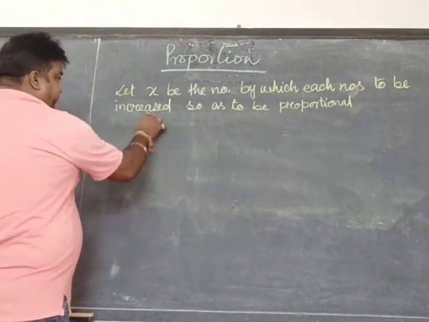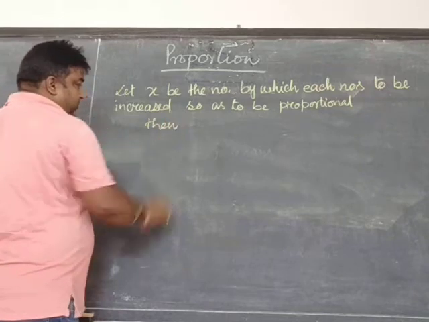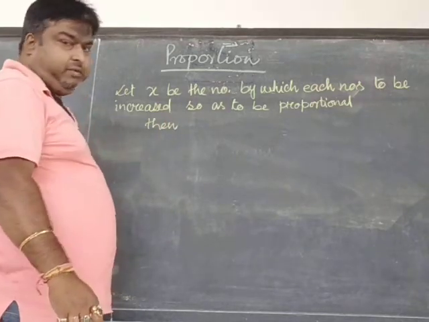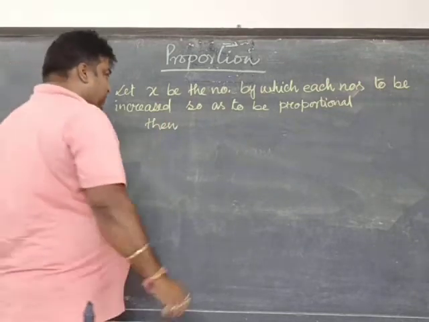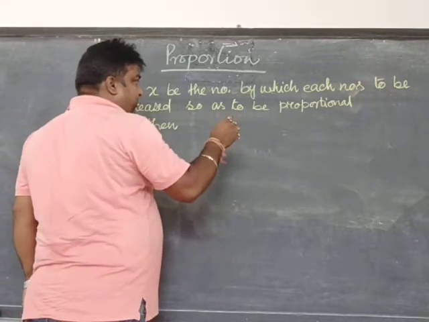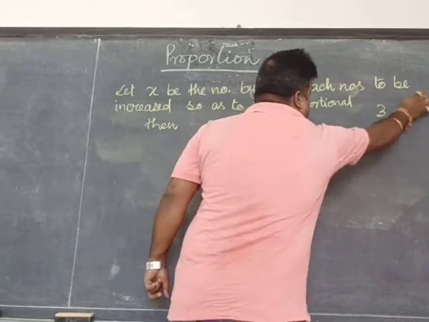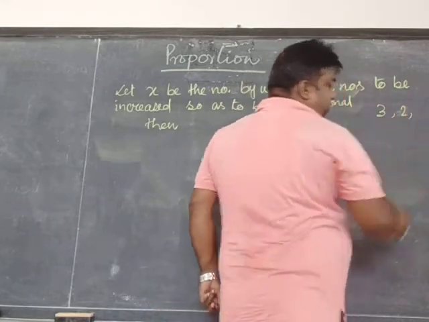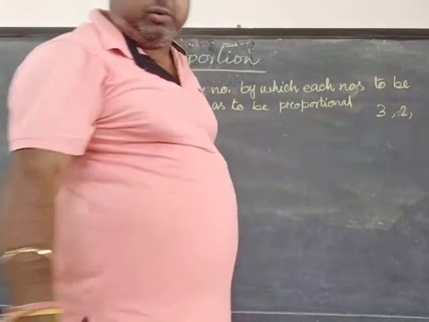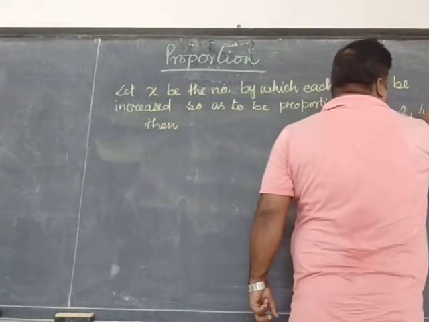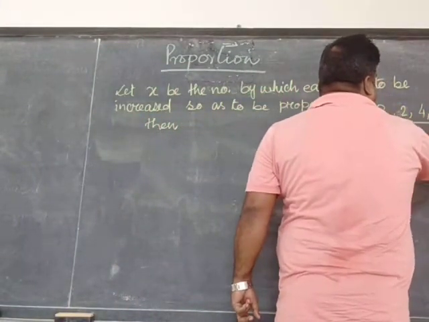Then what was our number? 2, 3, 4, 5. This was the order.